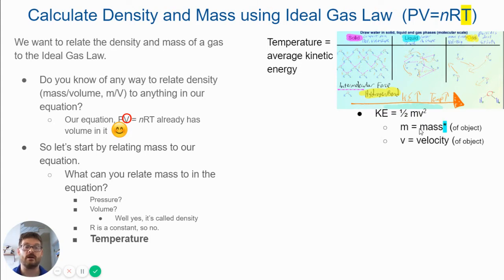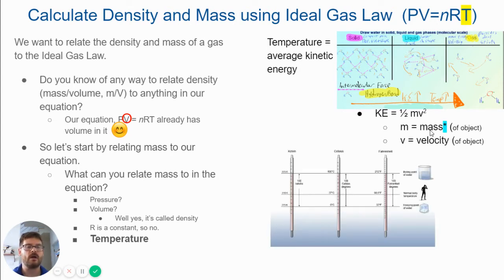Kinetic energy is 1/2 mv squared, and so mass again is involved, and we'll come back to that in a second. This image here just shows us the three different units of measurement for temperature: Kelvin, Celsius, and Fahrenheit. These are the three most common, at least.